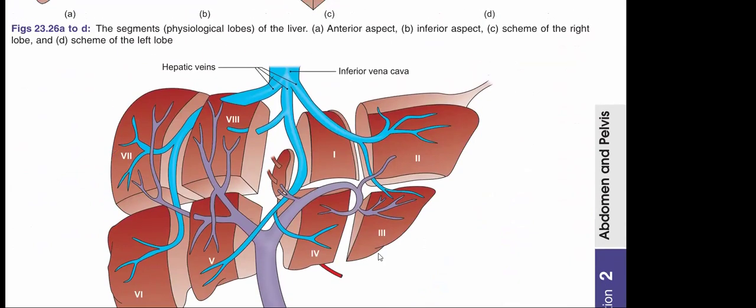So, the segments of the liver are 1, 2, 3, 4, 5, 6, 7, 8.